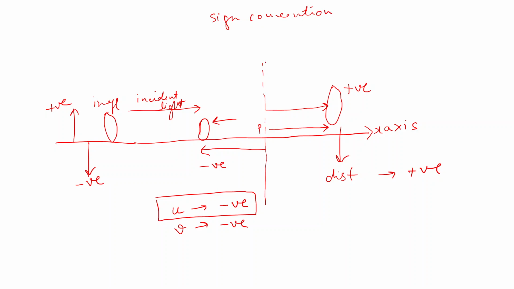Here we were discussing sign convention, and I told you that when the object is formed upright we take it as positive, and when it's downward we take it as negative. Also here we calculate magnification.